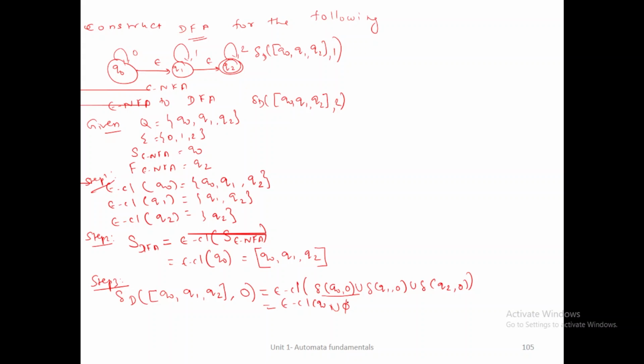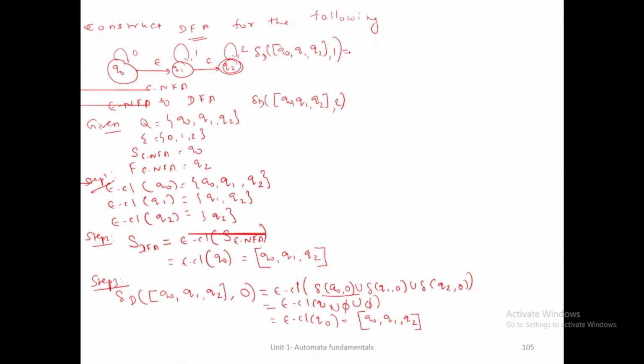From Q2 there is no state with 0 outflow, it is also phi. So only one state is there, that is Q0. What is epsilon closure of Q0? The answer is Q0, Q1, Q2, which is already available in step 1. So this is the DFA output state that should be written within square brackets. So the same answer is available for 0.